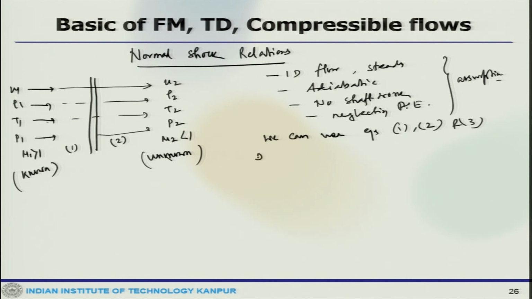So, what we write: rho 1 u 1 equals rho 2 u 2, that is from continuity, the mass conservation equation, let us say equation 14.